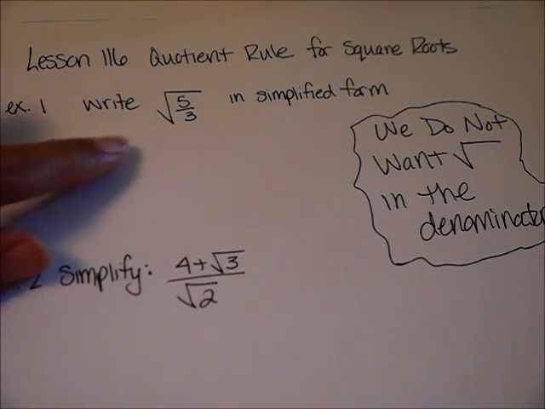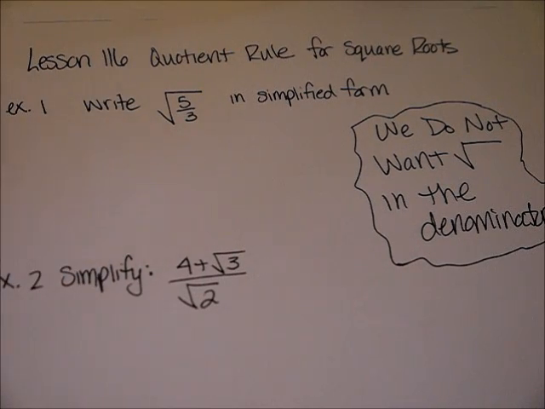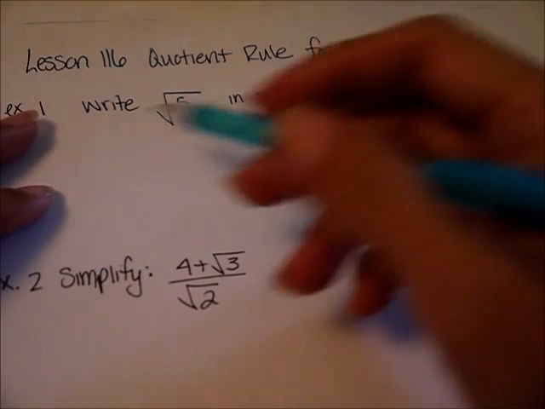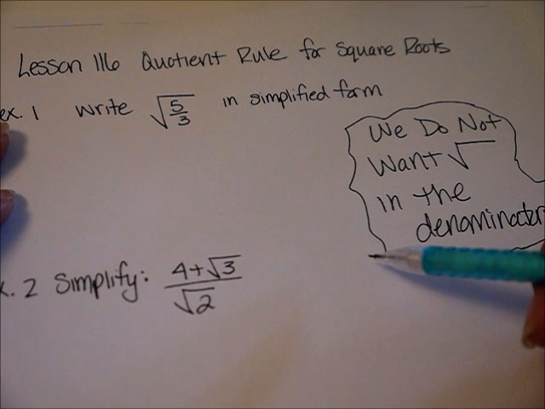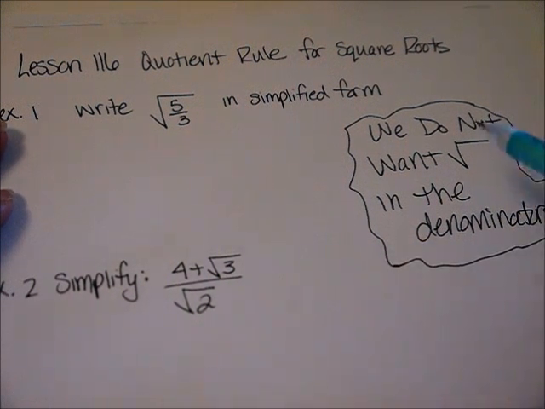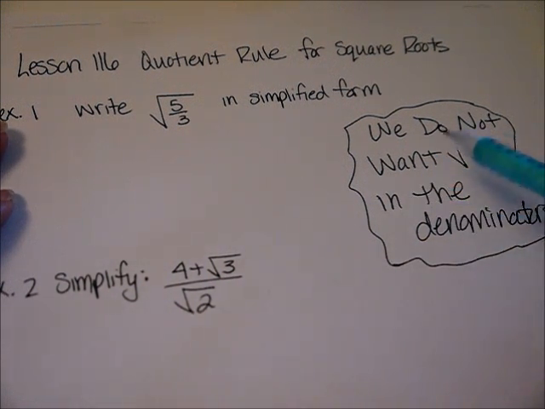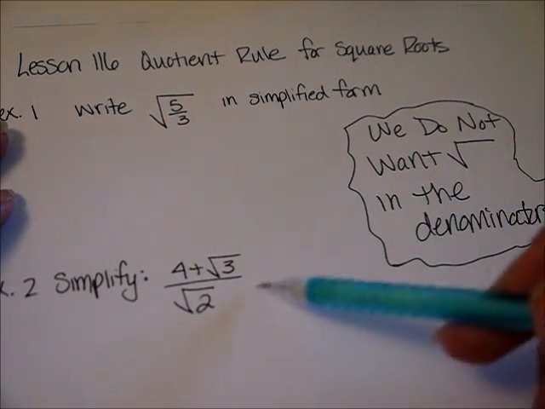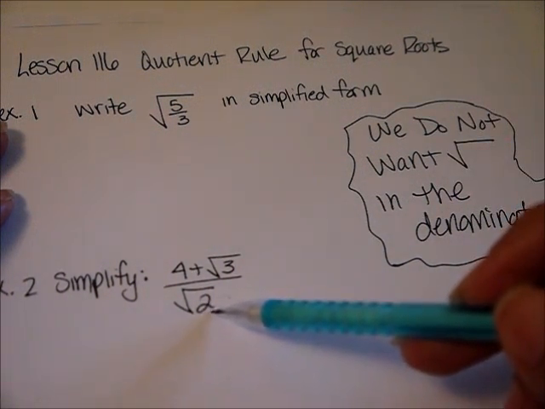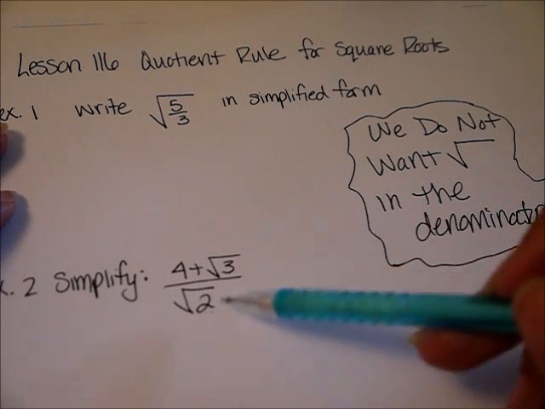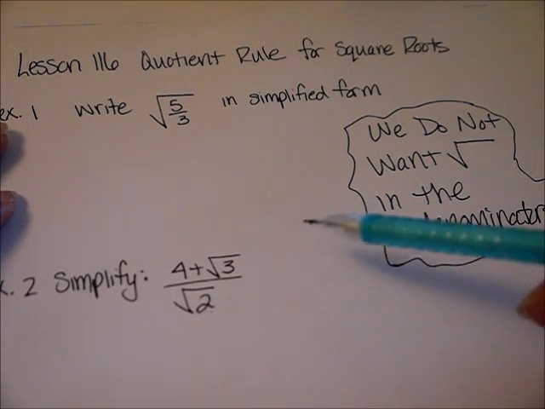All right, quotient rule for square roots. Basically, let's go ahead and just do the examples. The big deal on this is we don't want a square root in the denominator, okay? Something like this is a no-no. So I need to teach you how to get rid of it from down there.